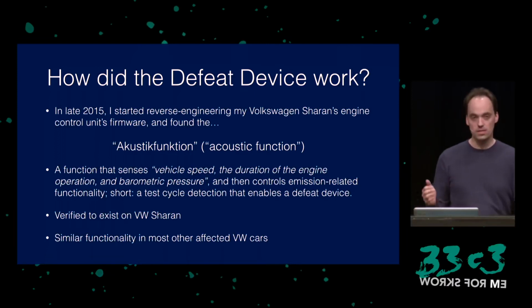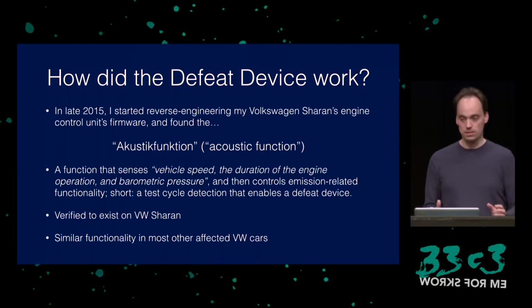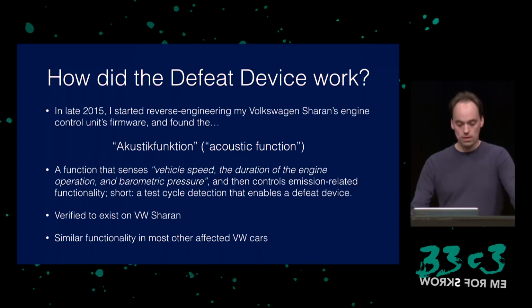Or in short, you can say that this is the test cycle detection that enables the defeat device. And I verified it to exist on my Touran device by driving through the test cycle and logging data. And during the last year, I verified that it's actually the same defeat device, more or less, that exists on a lot of other Volkswagen cars.